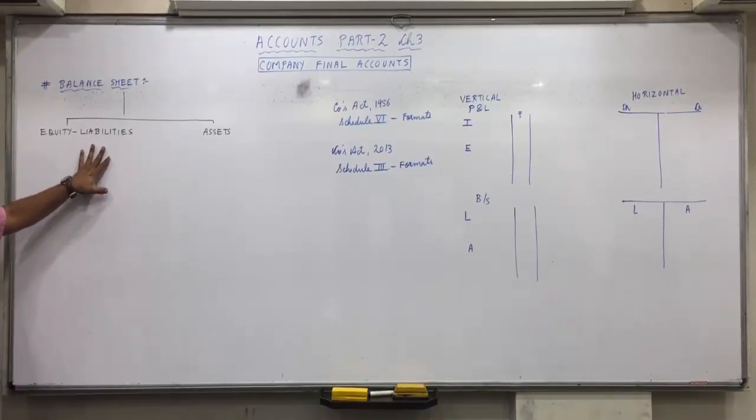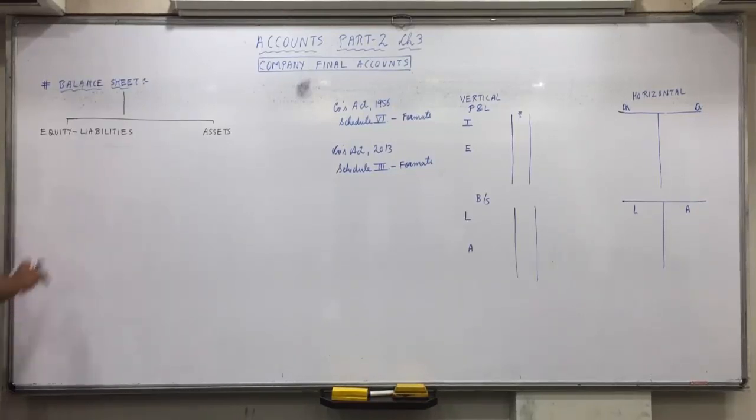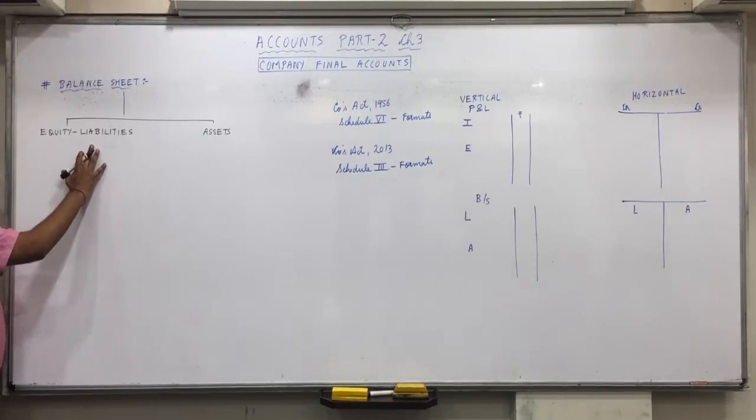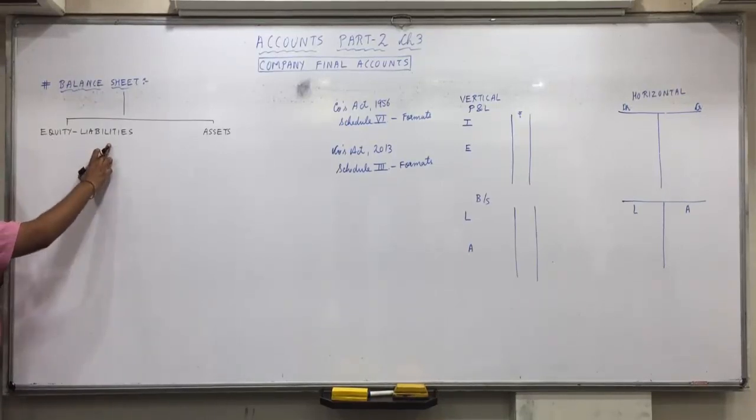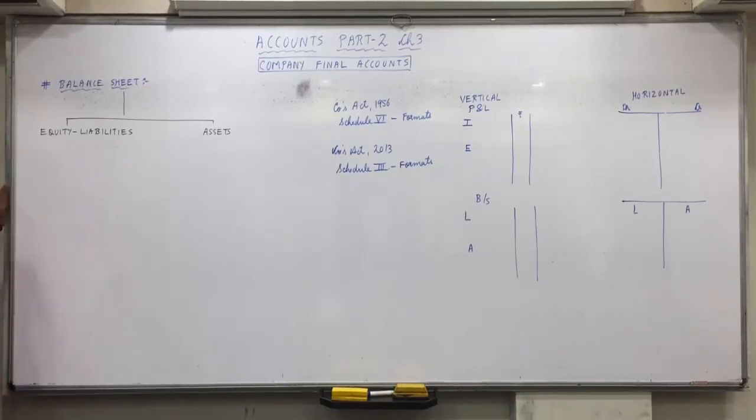So in the balance sheet the two headings will be equity and liabilities, and assets. What does equity represent here? Owners' money, owners' funds, owners' capital in the business. What do liabilities represent? Outsiders' capital in the business. Is everyone clear with that?